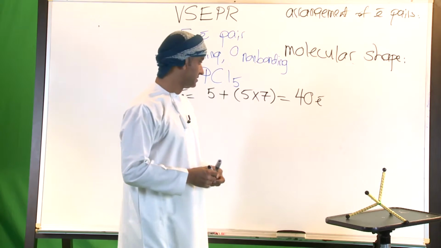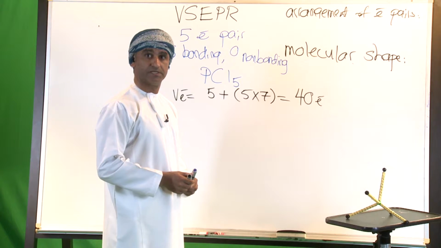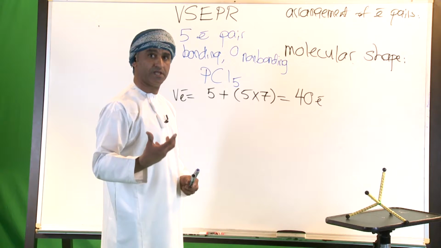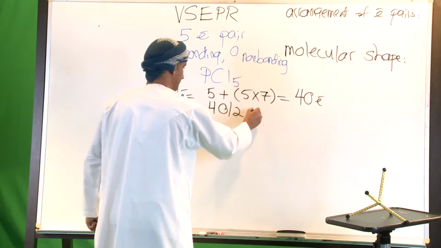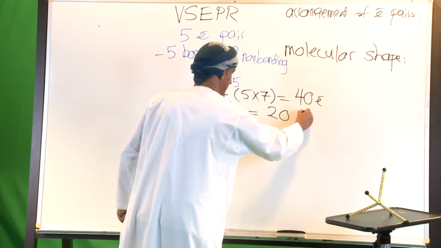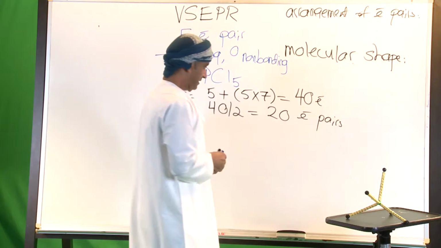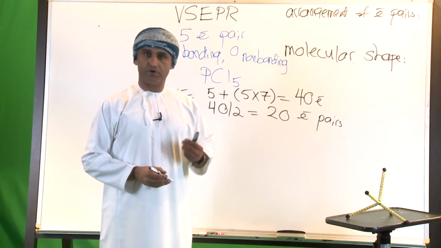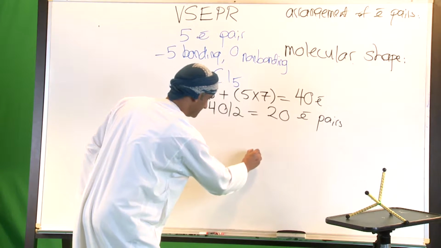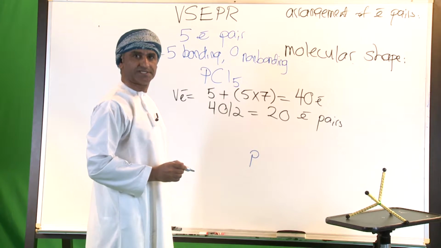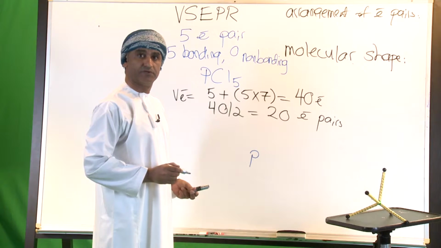Now the next step is to divide that number by 2, and if we divide 40 by 2, we get 20 electron pairs. Next step would be to draw a Lewis structure. We draw the central phosphorus atom, and phosphorus makes bonds with 5 chlorine atoms.